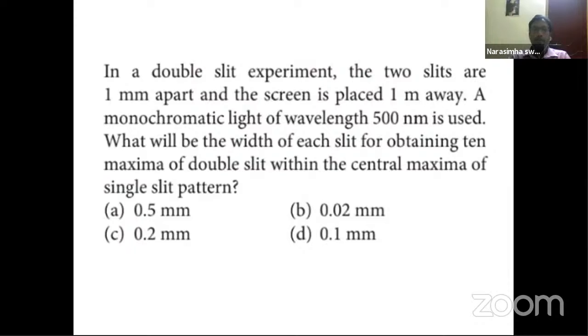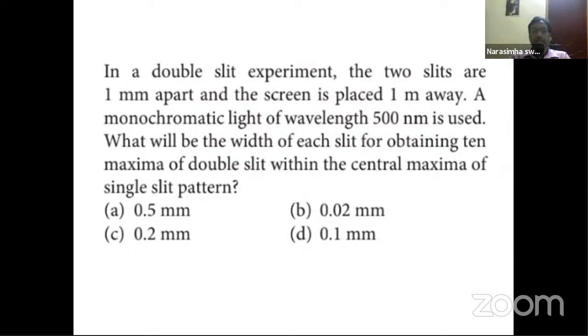Observe the values are given: 1 mm is the small d value, 1 m is the capital D value, and a monochromatic light of wavelength 500 nanometers, this is the lambda value. Then what will be the width of each slit for obtaining 10 maxima of the double slit within the central maxima of the single slit pattern?